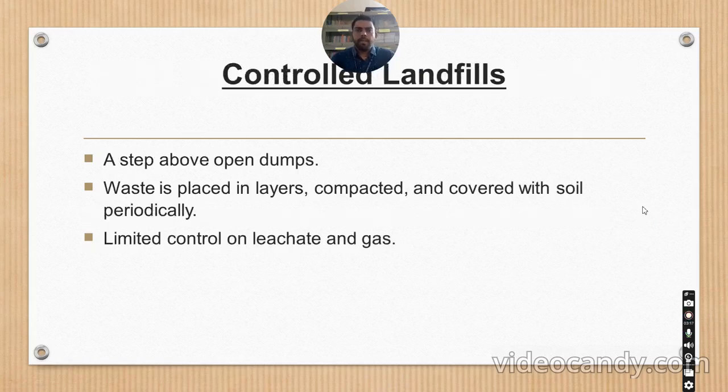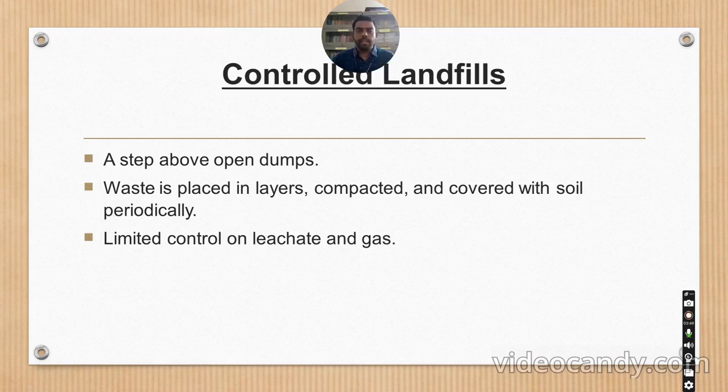And coming to controlled landfills, here waste is placed in layers. It is highly compacted and covered with soil. For this purpose, foul gases and foul smell are not exposed, and leachate does not penetrate the soil.